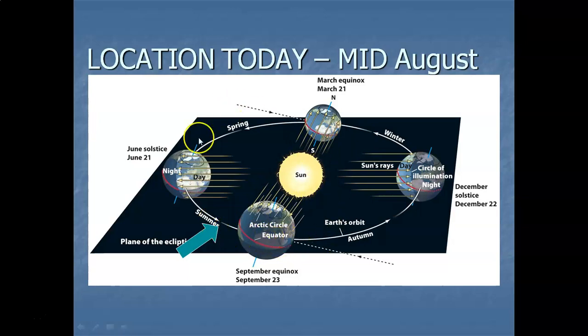All right. Now, what we want to do is finish off our orbit around the sun, all right, to complete our year. And what's going to happen now over the 3 months of autumn for us in the northern hemisphere, the subsolar point is going to migrate southward.